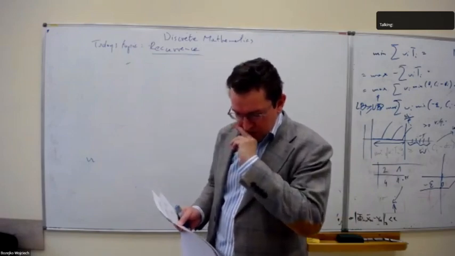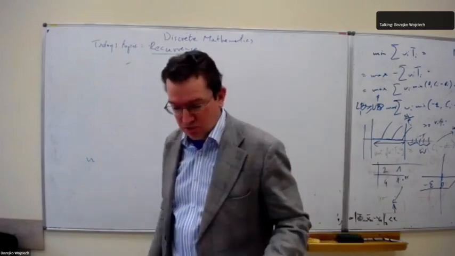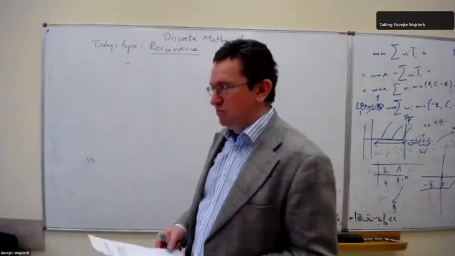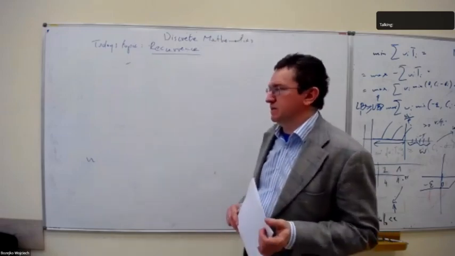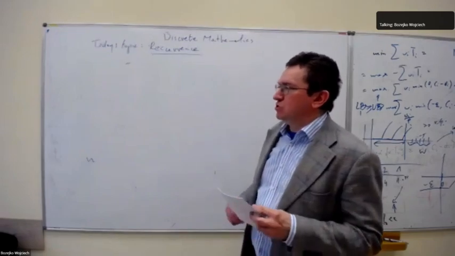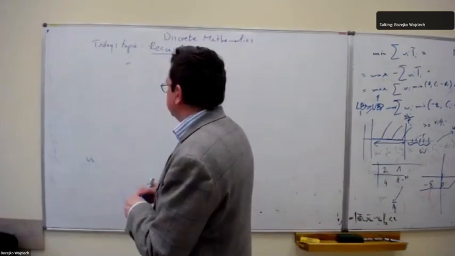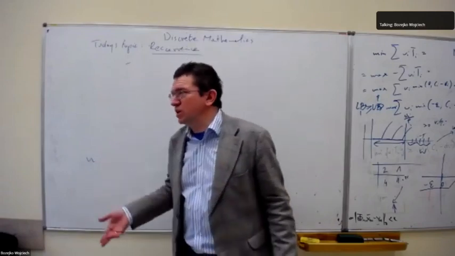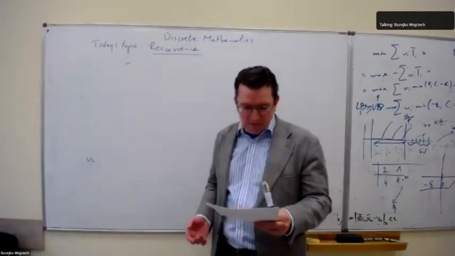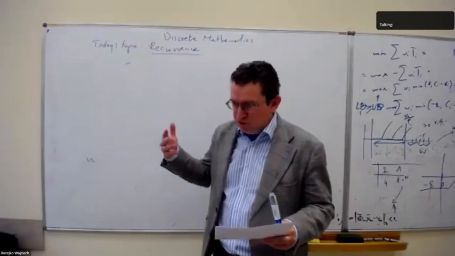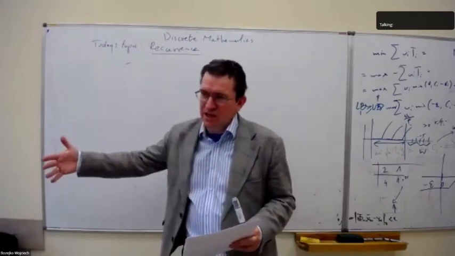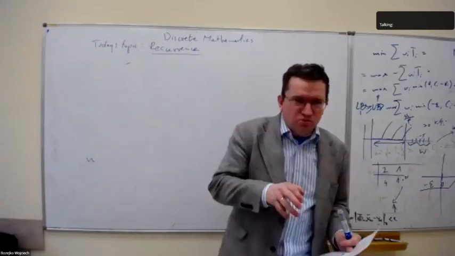I will start from an example which is very helpful, known in the literature as the Hanoi towers. In general, recurrence is a term in which we describe the next state as a result of the previous ones.